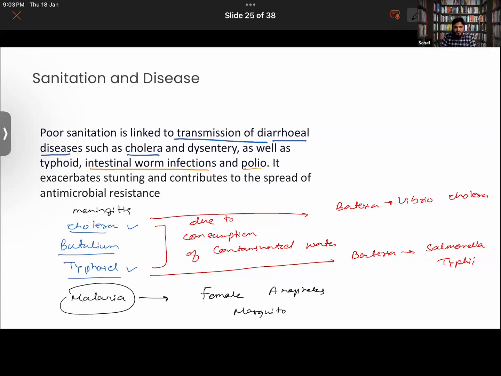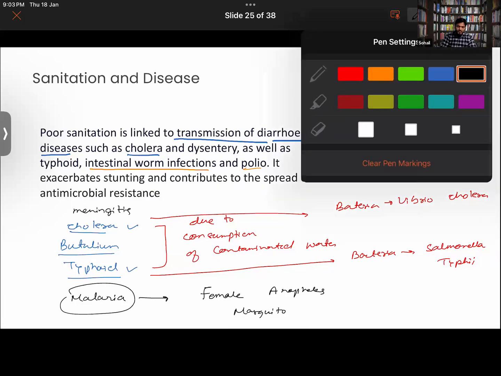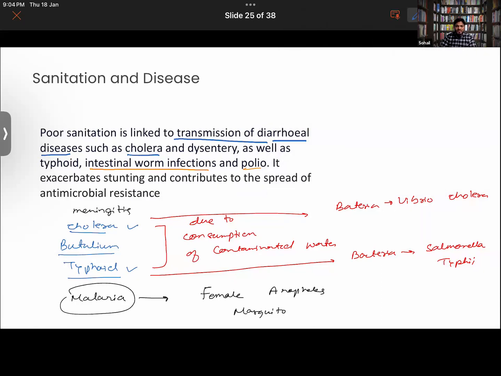Okay, so in meningitis, what happens, guys? Have you heard of this disease before? Meningitis is usually caused by a viral or bacterial infection. It can be caused by a virus, and it can also be caused by a bacteria.